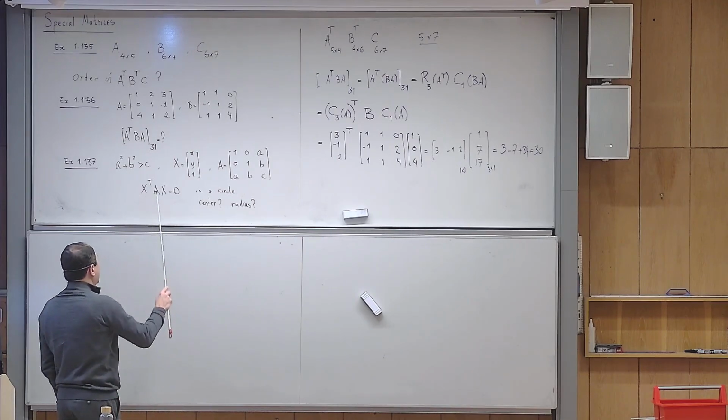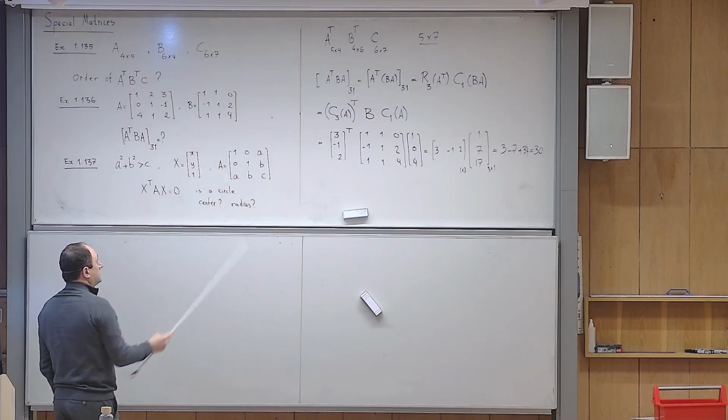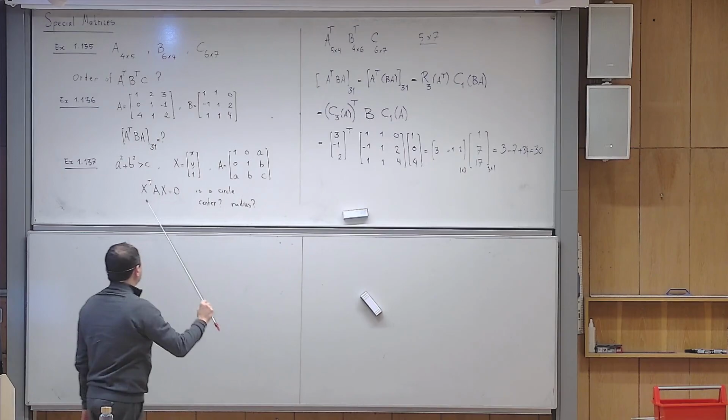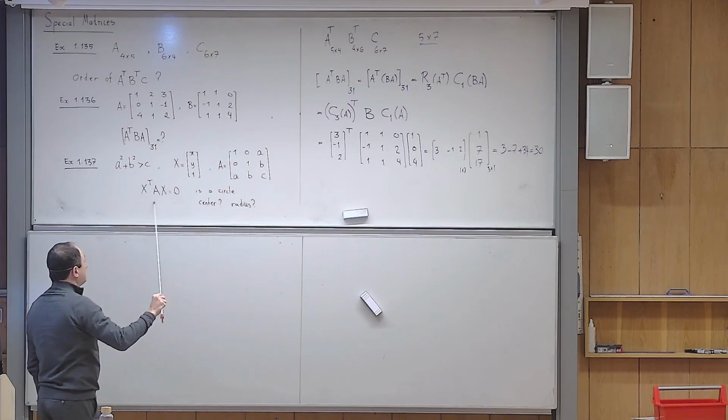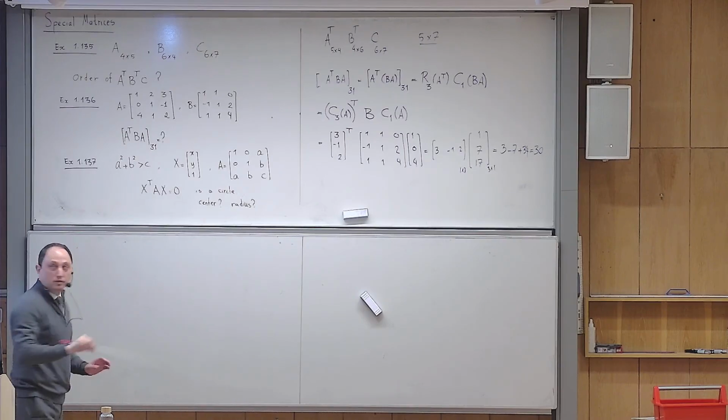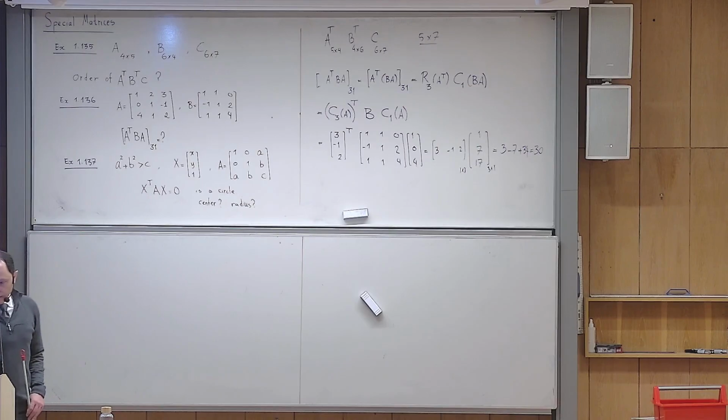X transpose AX, if you check the orders as we did, for example, in this example, you will see that the matrix on the left is a 1 by 1 matrix. So it is a number. So in principle, I don't know if I have respected this. Yes.